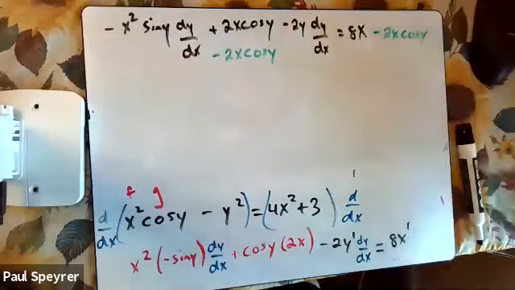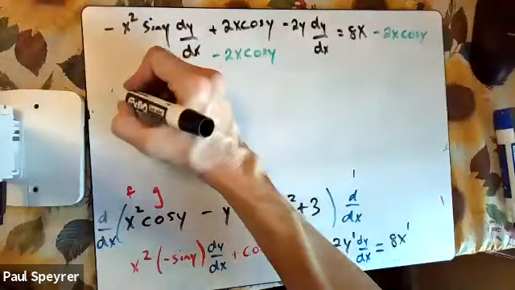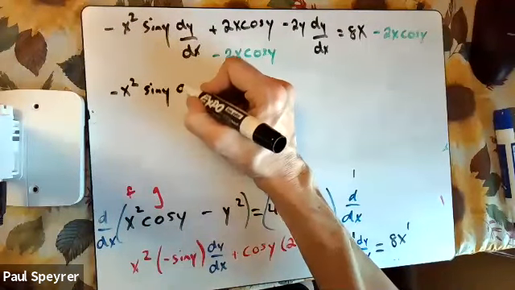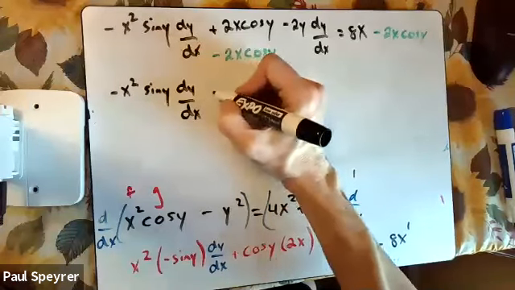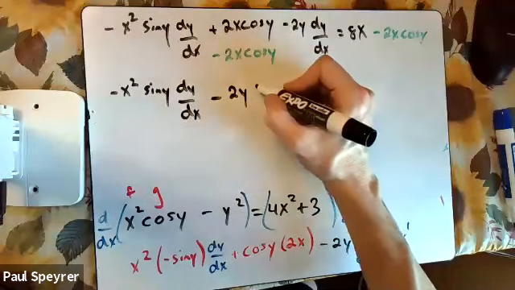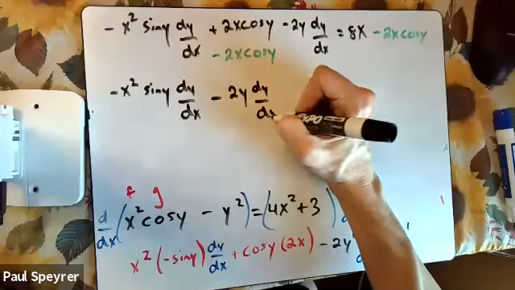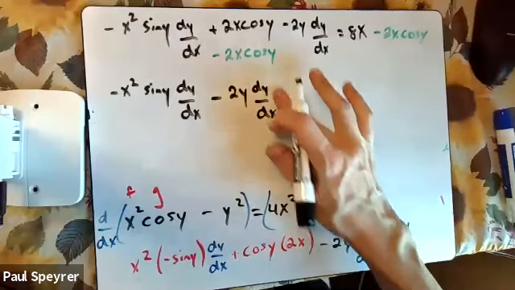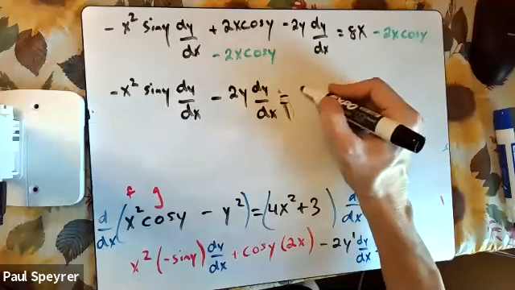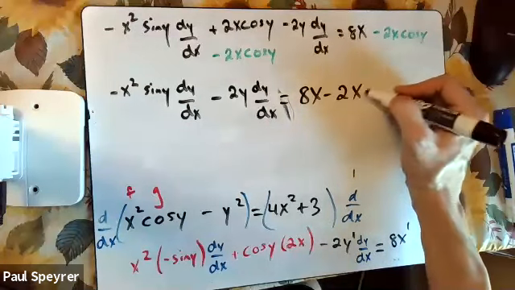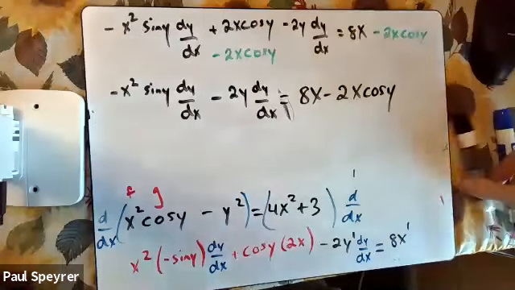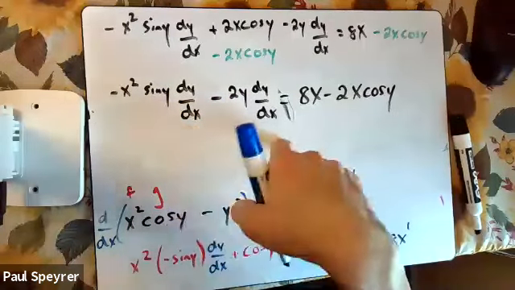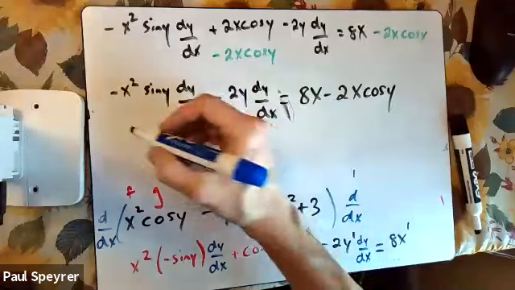Okay, so that leaves us with a negative x squared sine of y dy dx minus 2y dy dx equals 8x minus 2x cosine of y. And where do we go from here? GCF, right? What do they both have on the left side that's in common? dy dx.